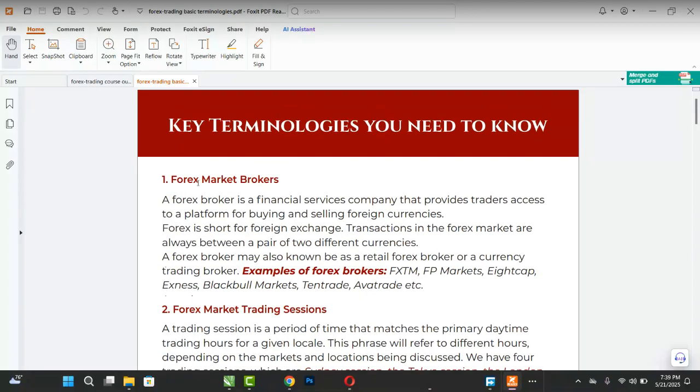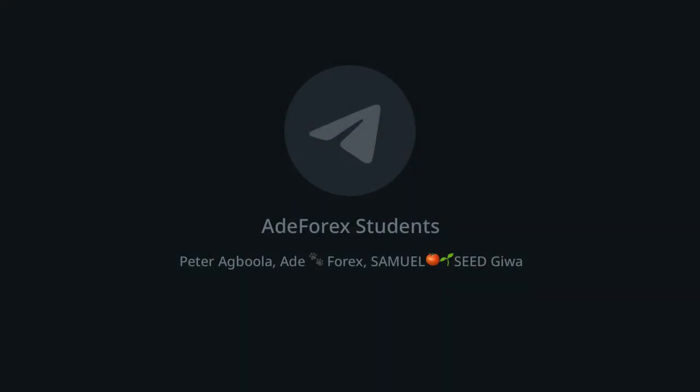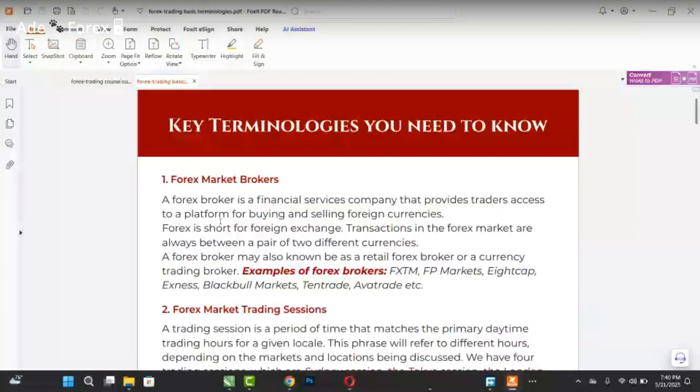Okay, now, so the terminologies that we talked about that you have to know. So this is what we'll be breaking down. So the first one is forex market brokers. So who are brokers? A forex broker is a financial service company that provides traders access to a platform for buying and selling of foreign currency.